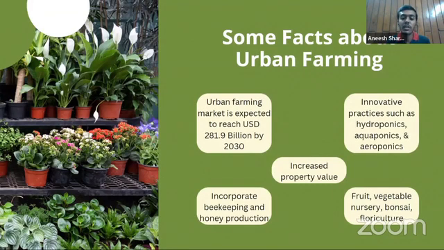So US$282 billion is what the urban agriculture market, such as market gardens, nursery gardens, or the floriculture industry, will basically reach by 2030. So you can see there's a tremendous, or humongous, scope in this domain.